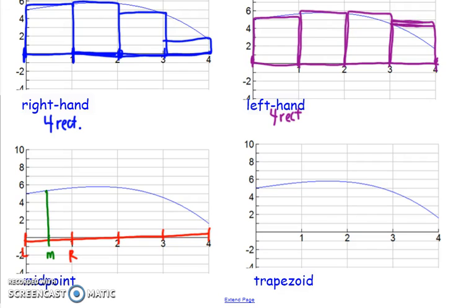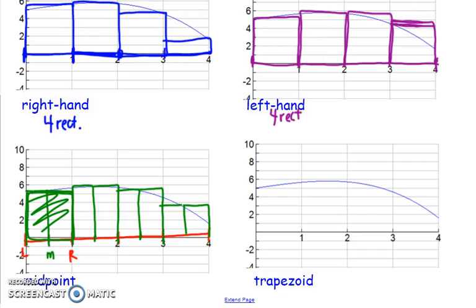So I'm going to use that height of the function to create the height of that Riemann rectangle. So here's the middle between 1 and 2, and the height at 1.5. Here's the middle between 2 and 3, the height at 2.5, and then the middle here. So I have this rectangle, this rectangle, this rectangle, and this one.